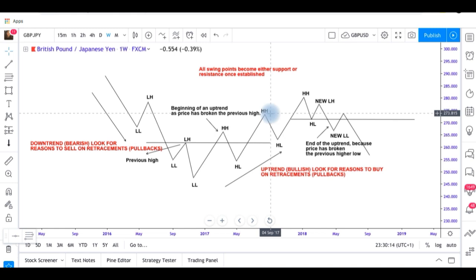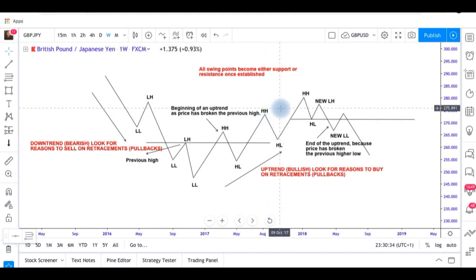So if we just stuck to the daily time frame, we would convince ourselves that we were creating lower lows and lower highs. So we're thinking, oh, this is bearish, but actually, if we scaled out onto the weekly, we could see that we are actually bullish, and this is just a retracement.